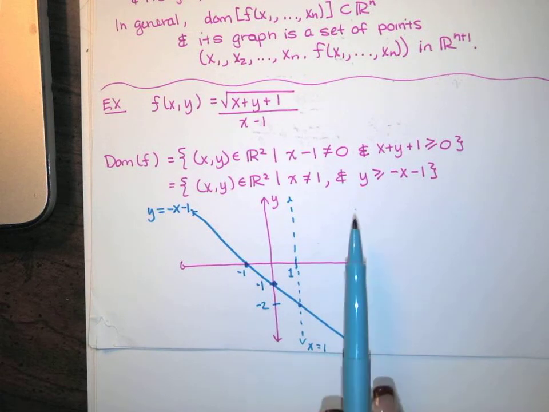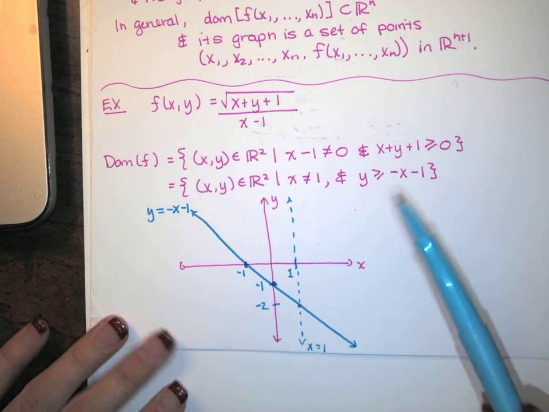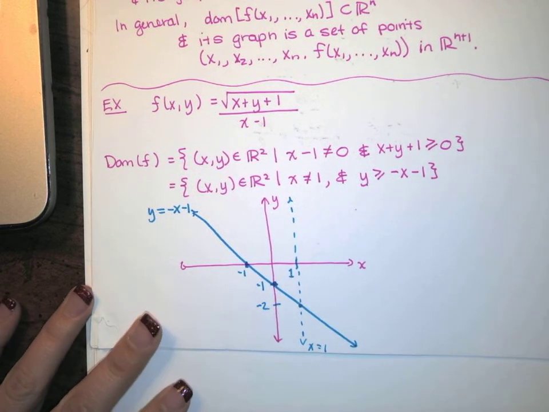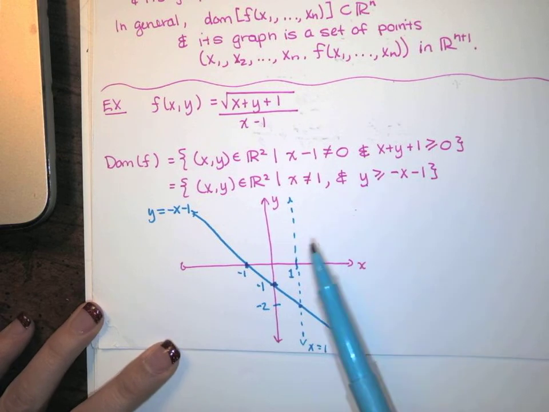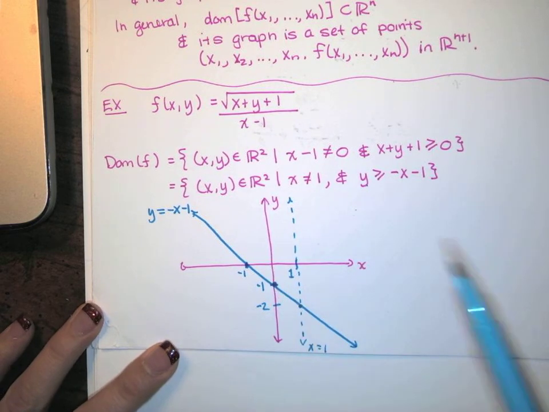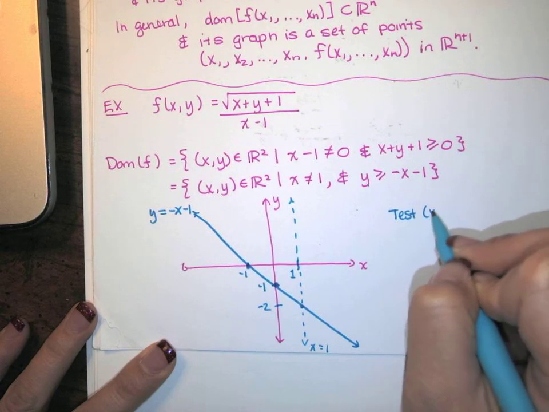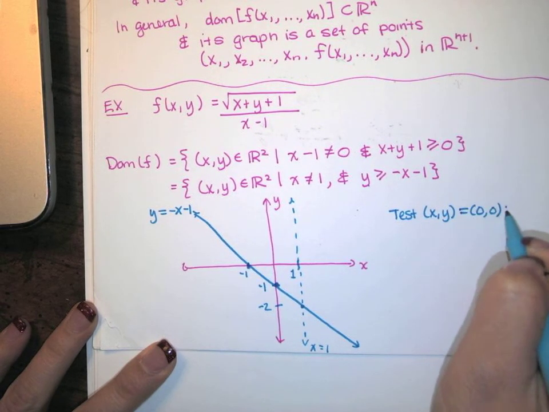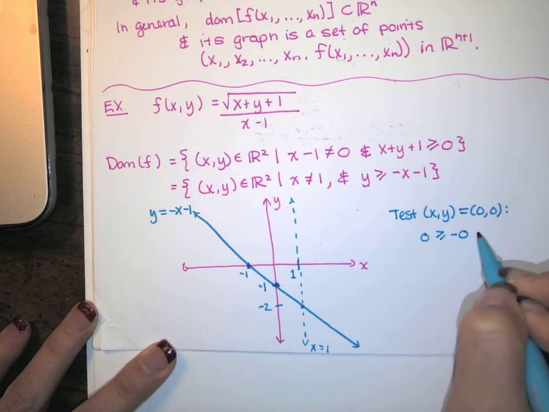Now we're told that y has to be greater than or equal to that. You probably already know if it's y is greater than that, we're going to shade above. But if you're not sure, you should check. Plug in a test value. I would test 0, 0. If I test the point x, y equals 0, 0 in this inequality, I have 0 is greater than or equal to negative 0 minus 1.